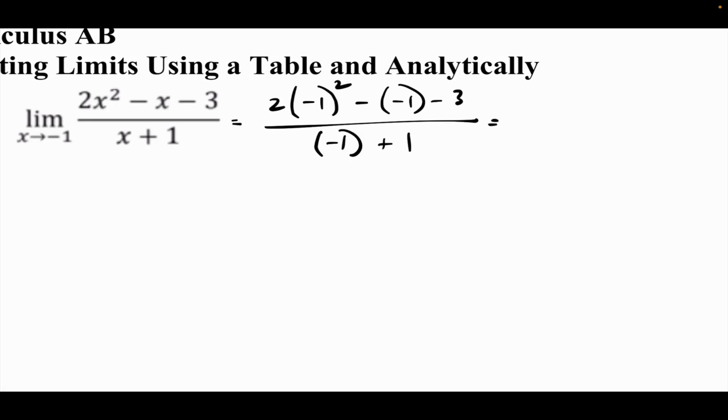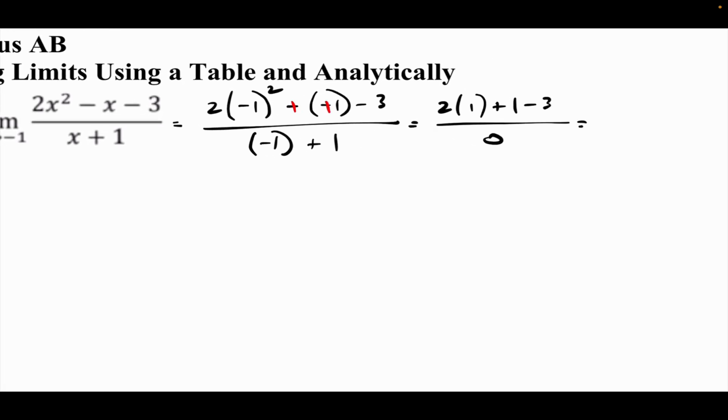Okay? And then do order of operations. Exponents first. So -1 squared is +1. So you're going to get 2 times 1. I got a double negative here, so I'm going to change those to +1 minus 3. And on bottom, I get 0, right? -1 plus 1 is 0.